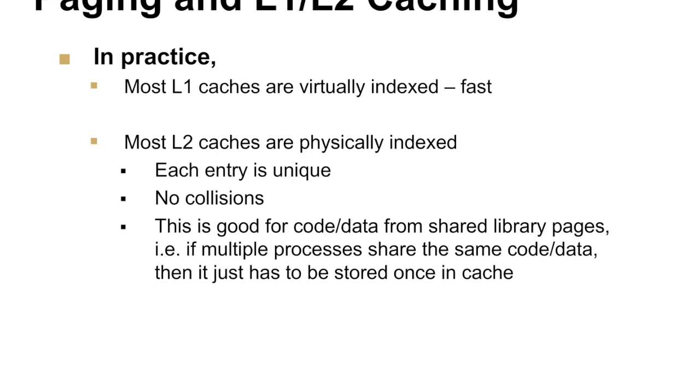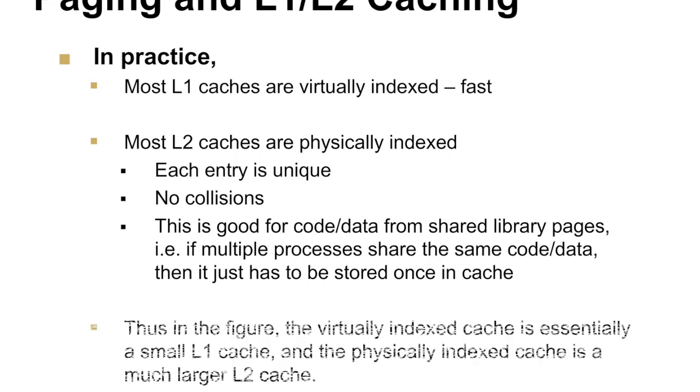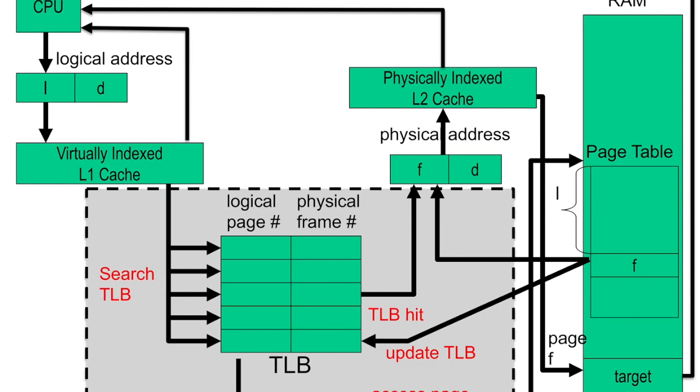All we have to do is know that we are accessing that same library, and we do not have to reload the information because we'll have it in the L2 cache. So in the figure, we're going to have the virtually indexed cache as a small L1 cache, and the physically indexed will be the much larger L2 cache, and it will look something like that.